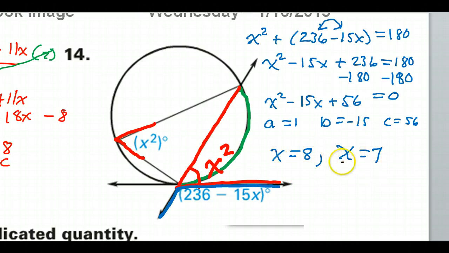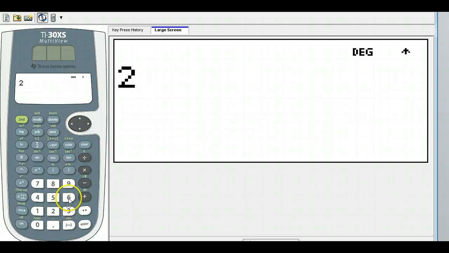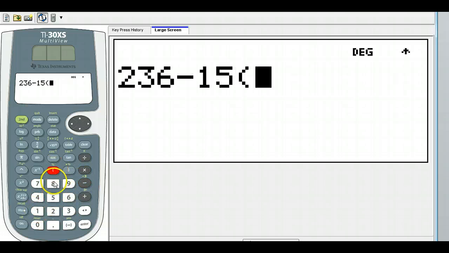Now, let's see if one of these does not work. The main thing that makes it not work is if you plug it in and get a negative number. Both of these are angles, and you can't have a negative angle in a geometry class like this. So, if I put 8 here, that's 8 squared, that's 64, that's no problem. Let's see what happens if I put 8 here. 236 minus 15 times 8.